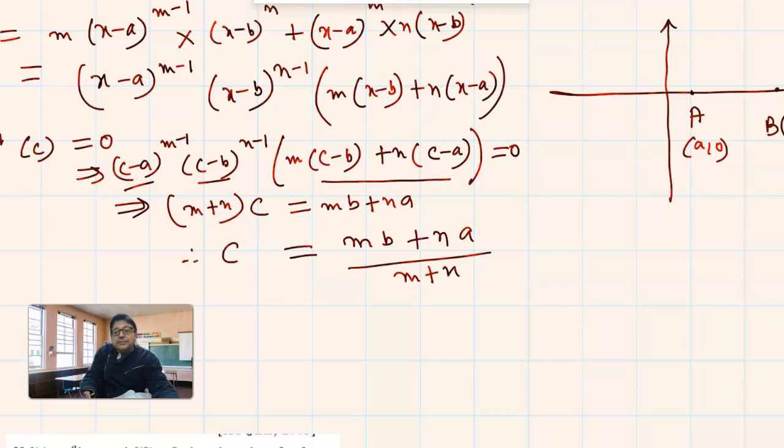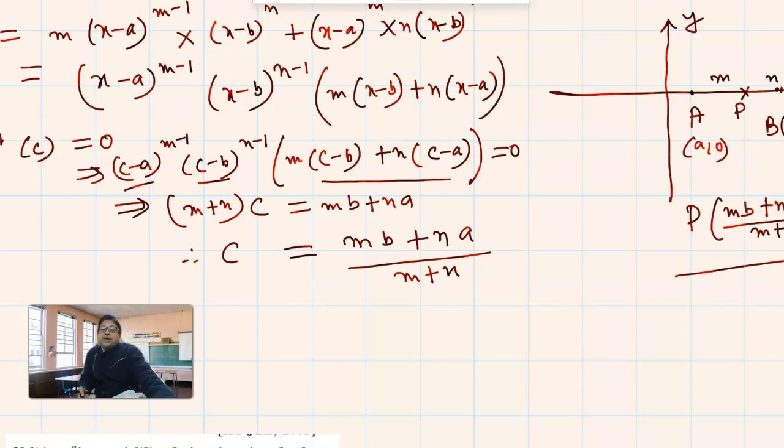Now by the ratio formula, the section formula, if this portion is m and this portion is n, then this point P divides the segment joining a and b in the ratio m is to n, and P has the coordinate (mb + na)/(m + n).